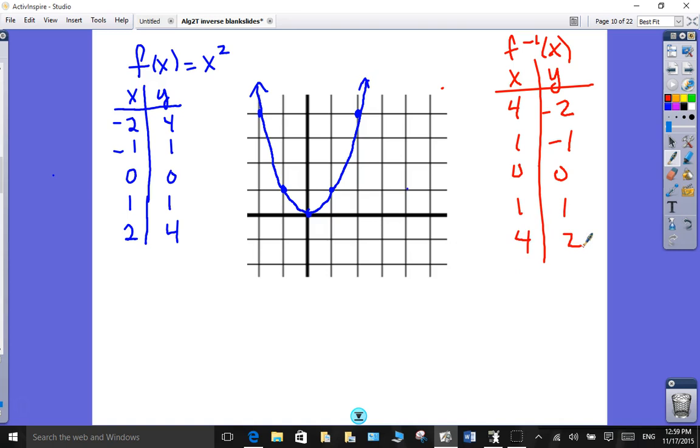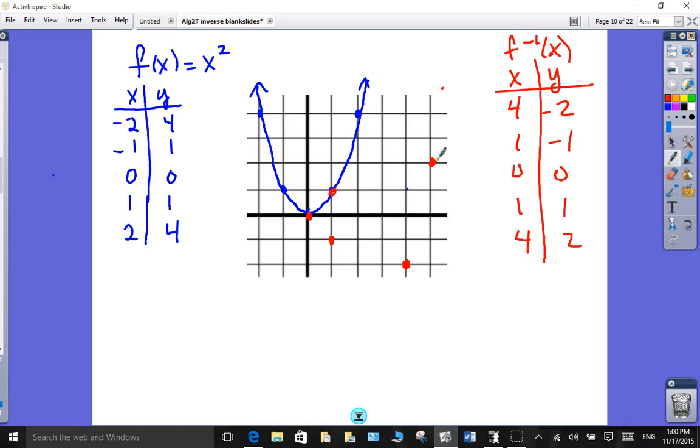And then I graph those points. 4, -2 would be here. 1, -1, 0, 0, 1, 1, and 4, 2.